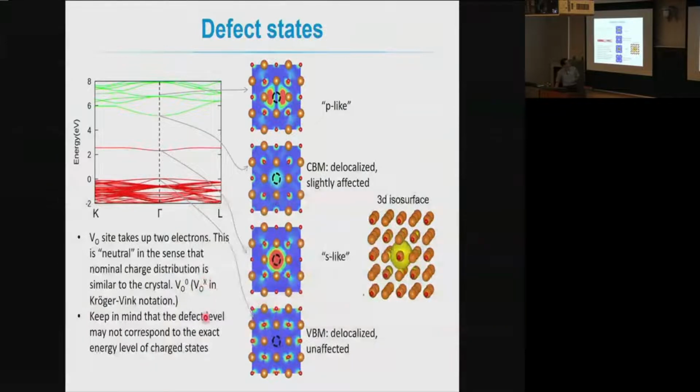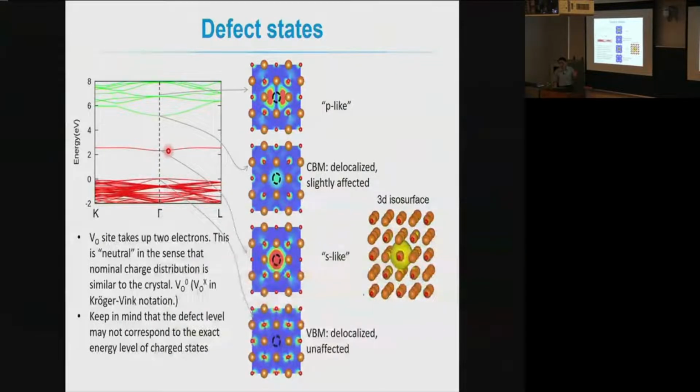All right. One thing that you may remember is that this defect level, this energy position, does not correspond to the energy level of the charge state. The energy level of the charge state means the energy you need to take the electrons out of the defect site, and it is usually different from the defect level energy from here.